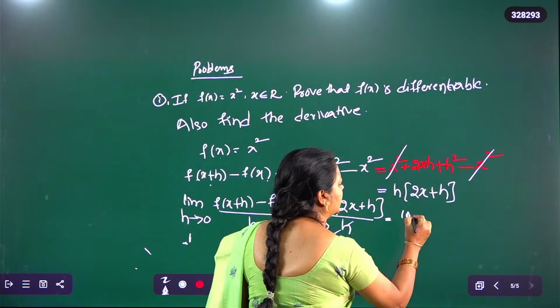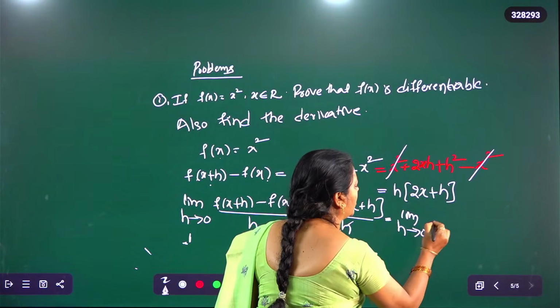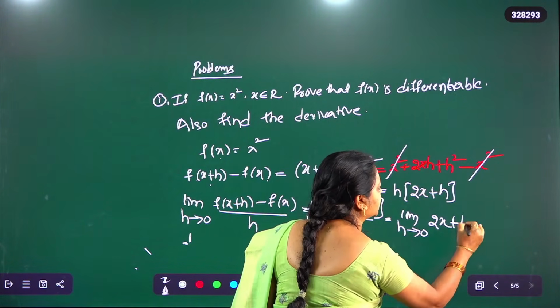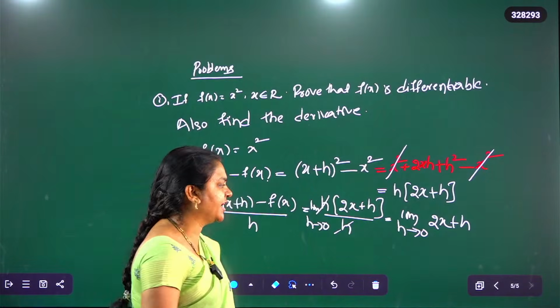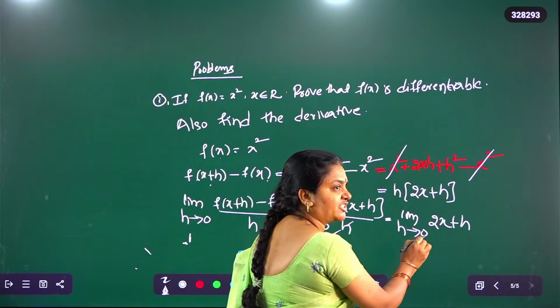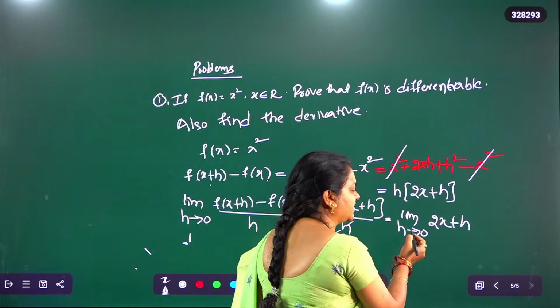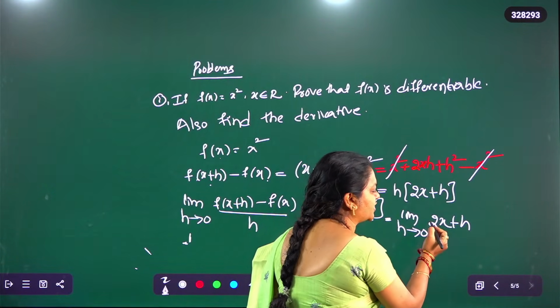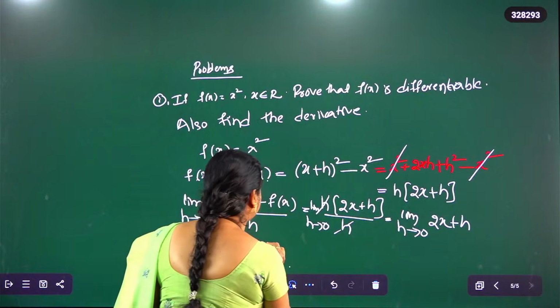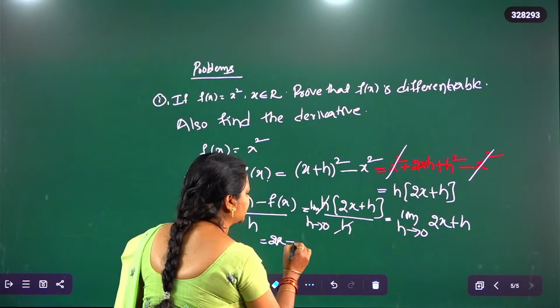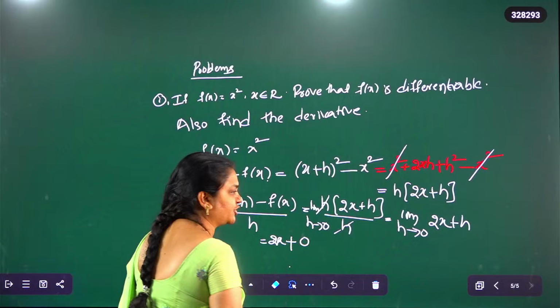So here limit h tends to 0, 2x plus h, this we got. Now we will apply h tends to 0, that means we substitute h equal to 0. So here there is no h, and we can simply write 2x, and in plus h we substitute 0.